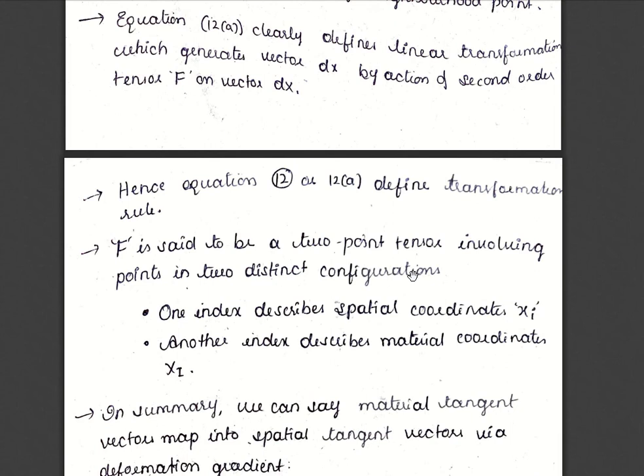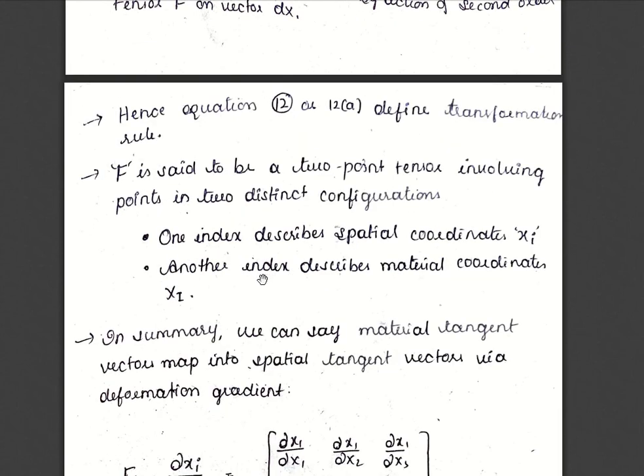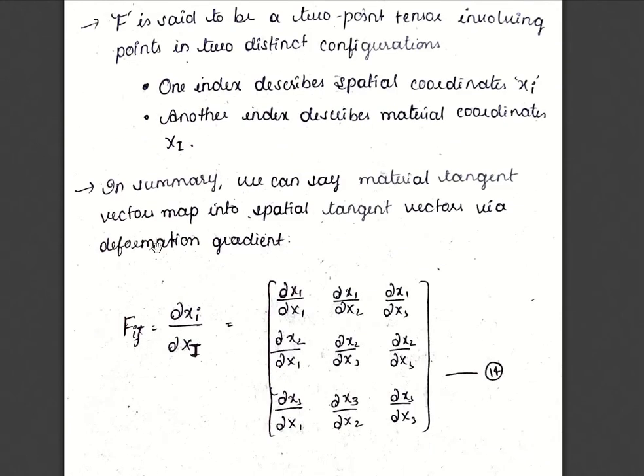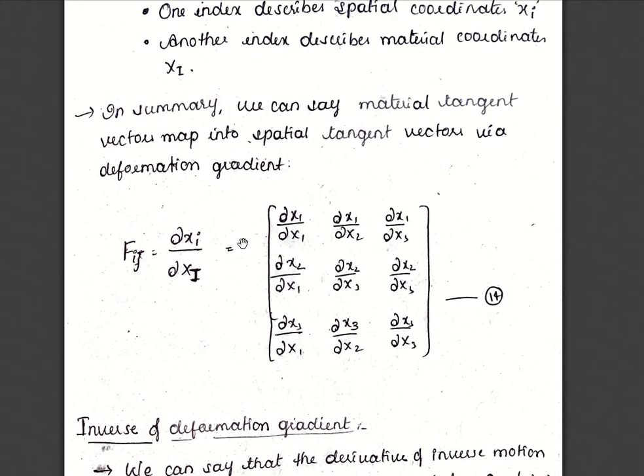F is said to be a two-point tensor involving points in two distinct configurations. One index describes the spatial coordinate xi, the other index describes the material coordinate X capital I. So in summary, we can say the material tangent vector maps into the spatial vector via the deformation gradient.